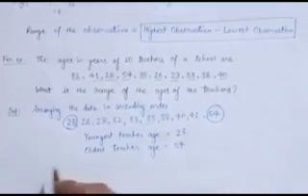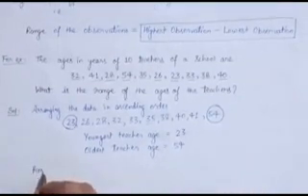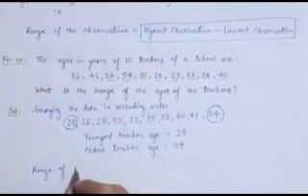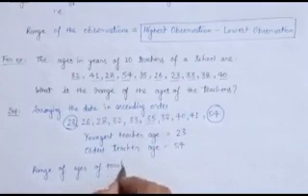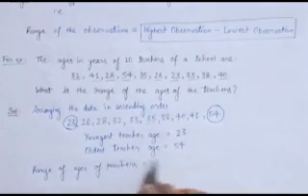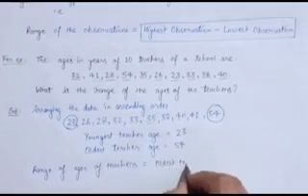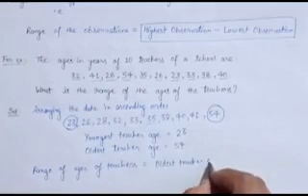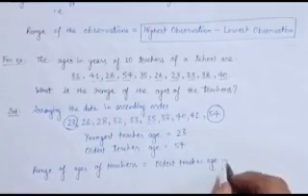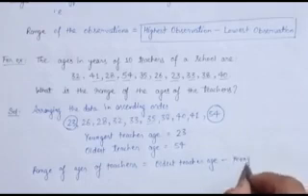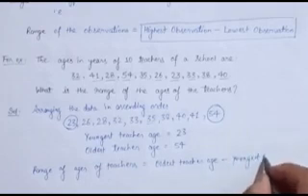Now we can find the range of ages of teachers, which is equal to the age of the oldest teacher, because it is the highest value, minus the youngest teacher's age, because it is the lowest value.